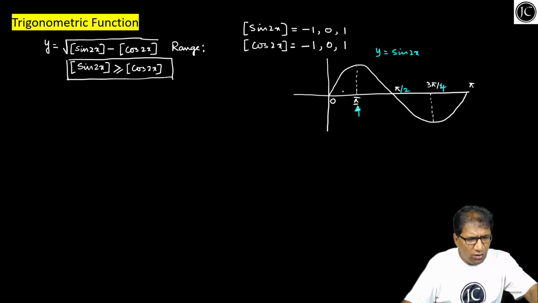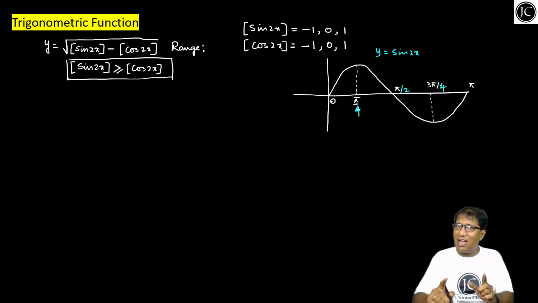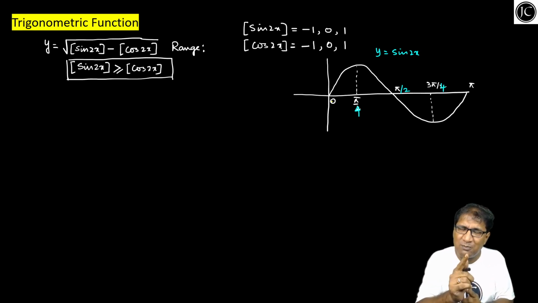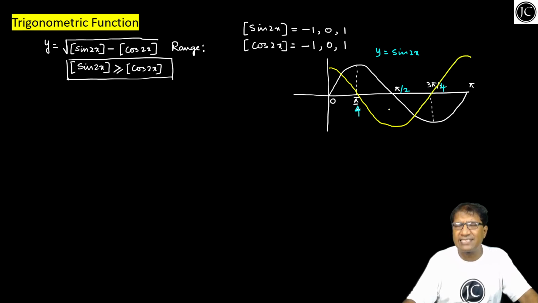Okay. Now, children, let me draw the graph of y equals cos 2x. Again, in cos 2x, the graph of cos x will contract along the x-axis by 2 units. It will look the same. It will come something like this. It will come here. It will go up like this and this. That's it.